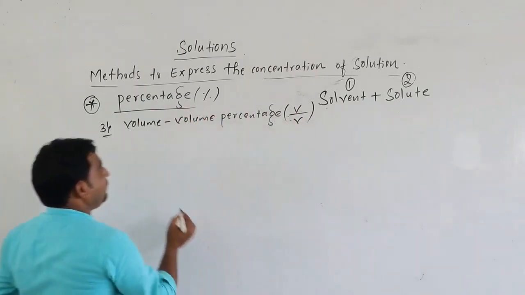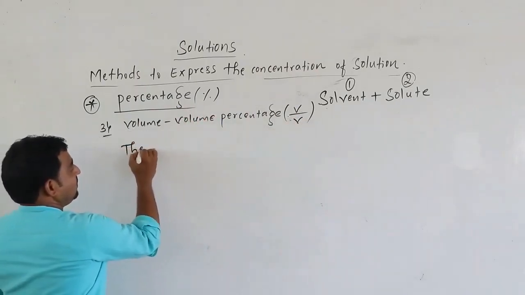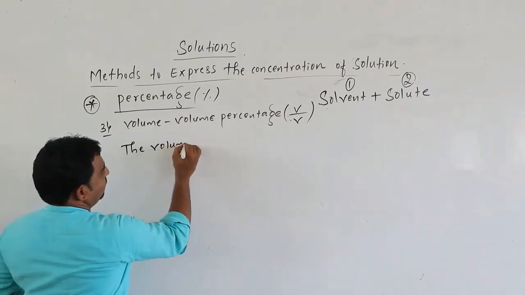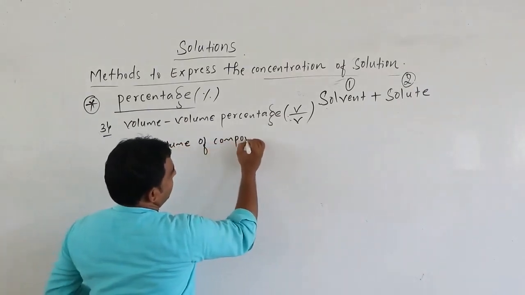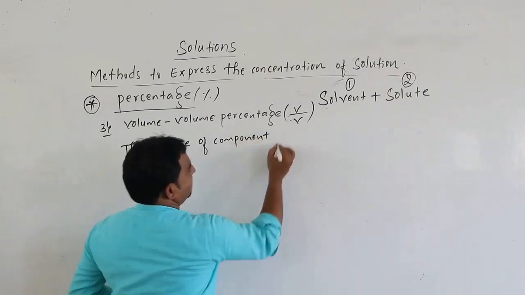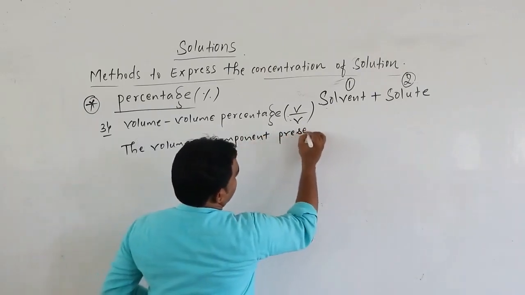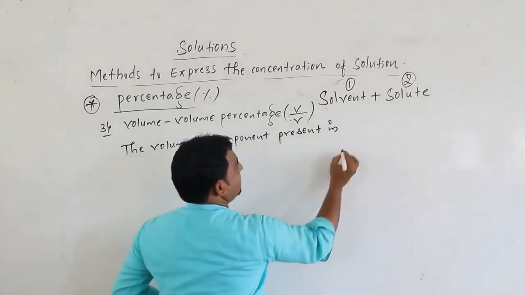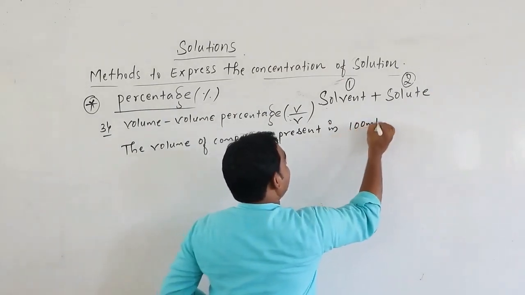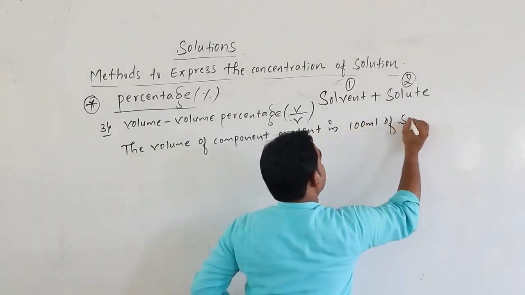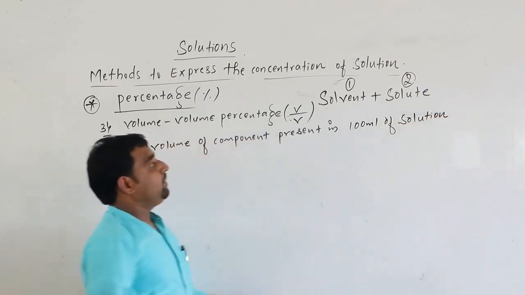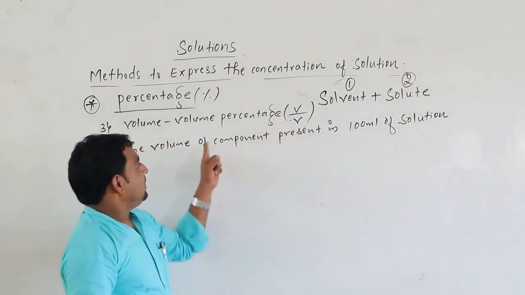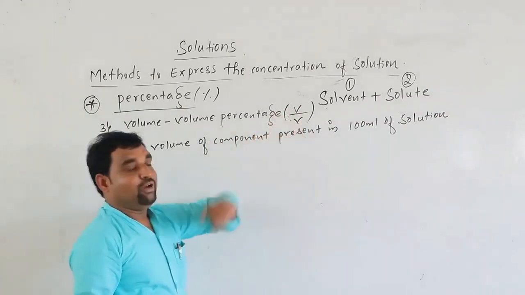So now how to define this one? The volume of solute or component present in 100 ml of solution. Both the solute and the solvent are taken in volume only. So that is volume by volume.